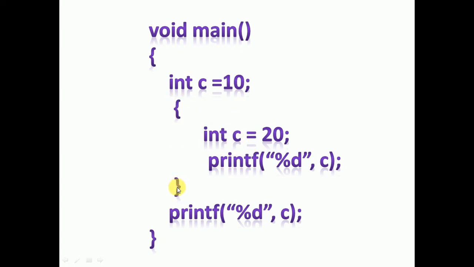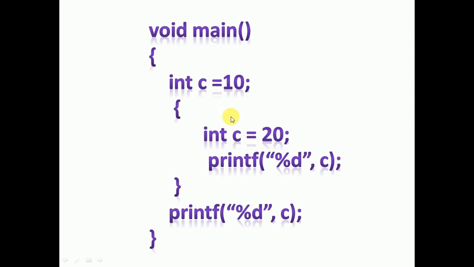In this scope, the local variable present inside this scope is given priority. It will not give priority to this int c, because this int c is not present in this scope. The variable present inside this scope is this int c with value 20. Therefore this printf is going to print the value of this int c and not the other.